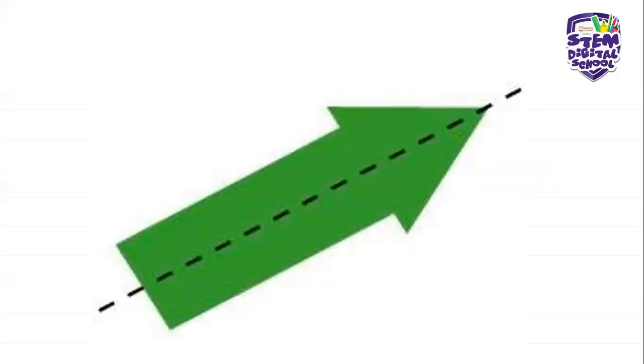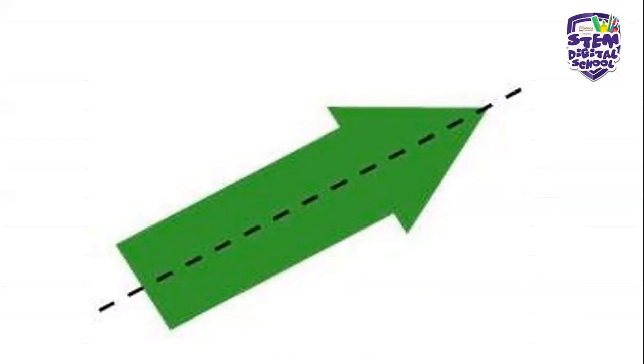If you look at this arrow here, the arrow can be folded in such a way that the one half will match the other half. And you can see in the arrow there that I've actually shown you how to draw the line of symmetry.